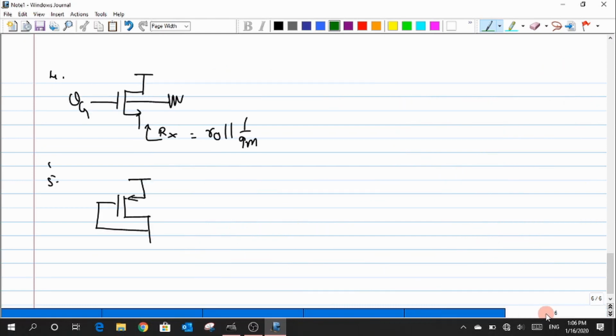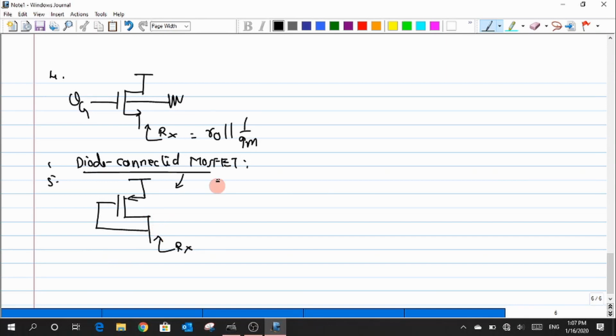Now let's come back to this where I need to find the value of Rx, and this type of circuit is also called a diode connected transistor. It's a diode connected structure. Now for this circuit I just want to find the output impedance.